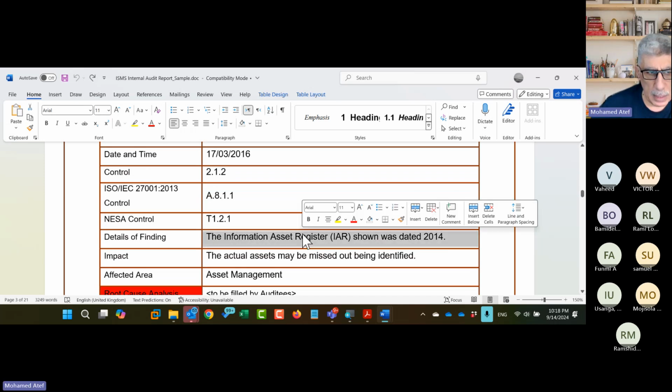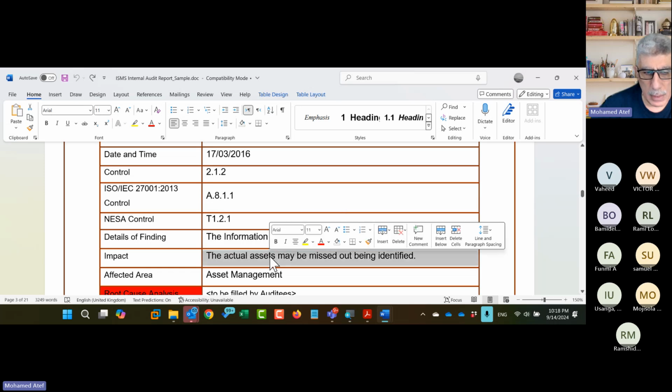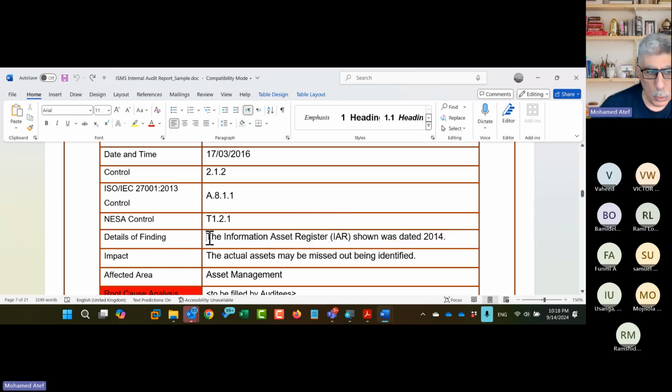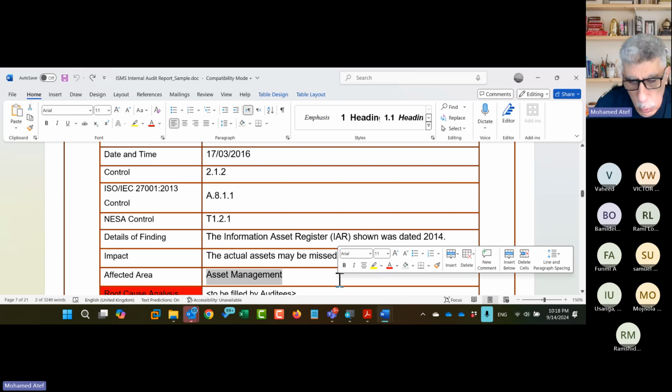So I write the finding and I should write the impact, what this may lead to. Okay. And when you do that, you also have to identify which domain this is related to: asset management. Of course, in the new ISO, it's related to organizational control.